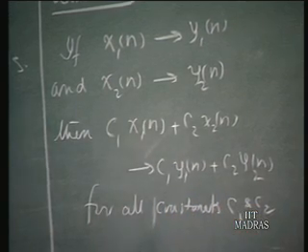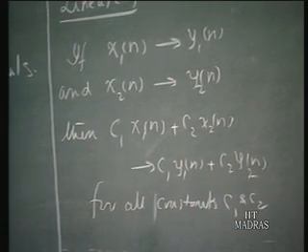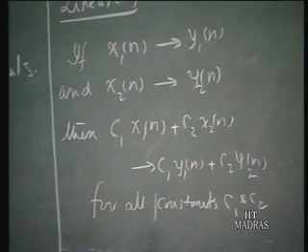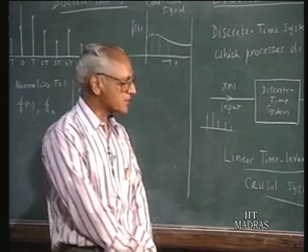So if you take any two constants C1 and C2, provided this particular relation is satisfied, then we say it's a linear system. If not, it's a non-linear system.